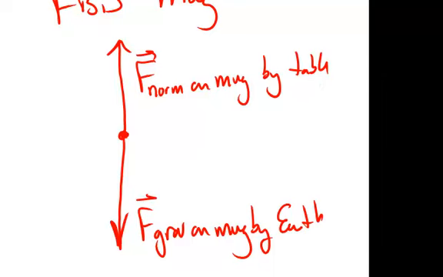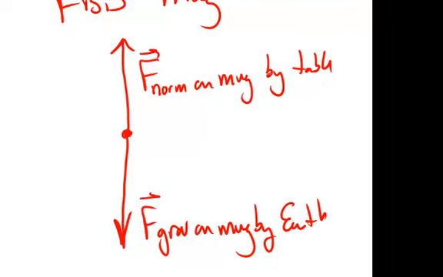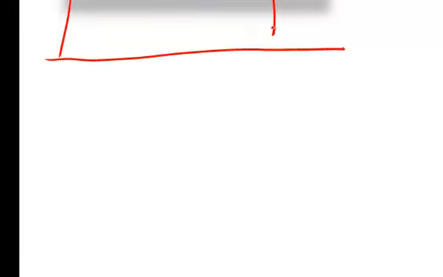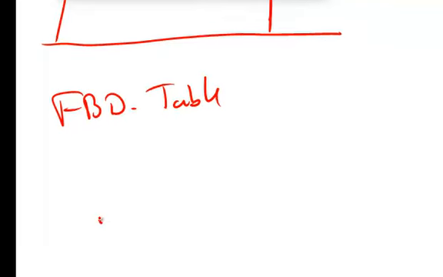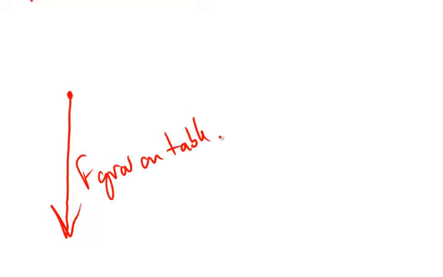Let's look at a free body diagram for the table. And imagine that this table has some legs, and it's resting on the floor, and we'll consider the legs to be part of our table. So the free body diagram for the table, we have F grav on table by Earth. Now the mug is sitting on the table and the mug is pushing down, so I'm going to run out of room here, but that's supposed to be an arrow.